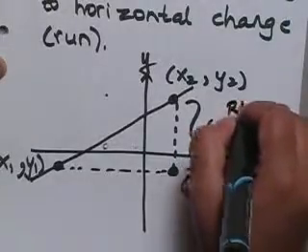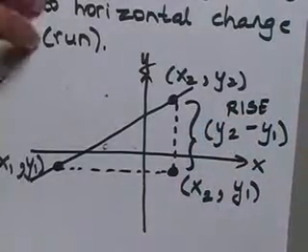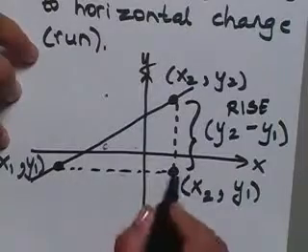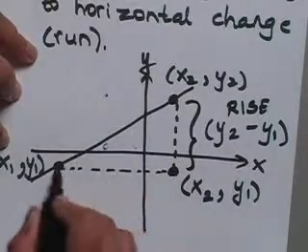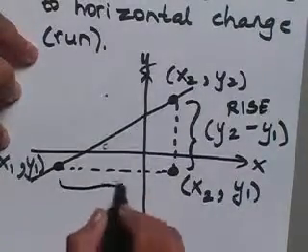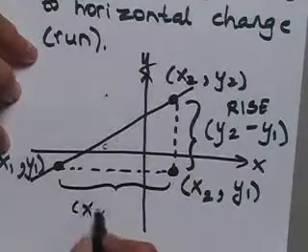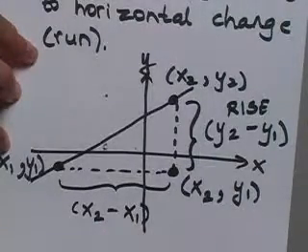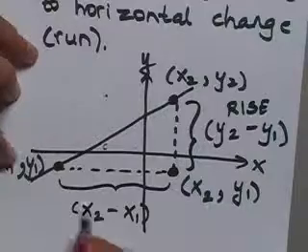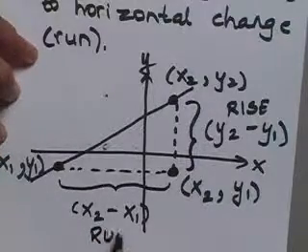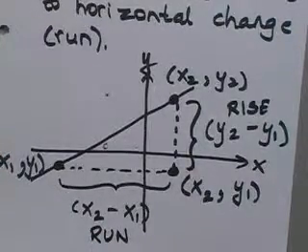This gives me my rise. To evaluate my horizontal change, we're talking about this horizontal distance here, which will be evaluated by taking the difference in my x coordinates, x2 minus x1, and this is what we will call my run.